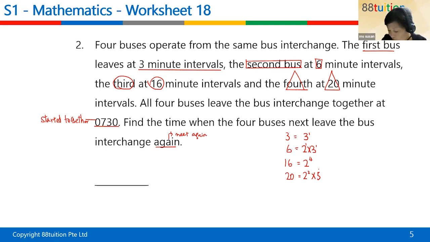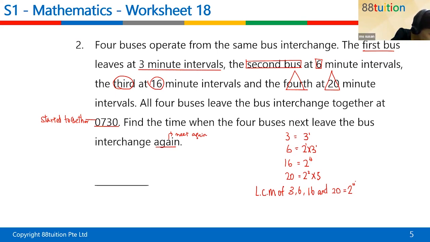Okay, so now we are supposed to find the LCM of 3, 6, 16, and 20. From here we have to choose the highest power. For prime factor 2, we have 2 to the power 1, 2 to the power of 4, and 2 to the power of 2.